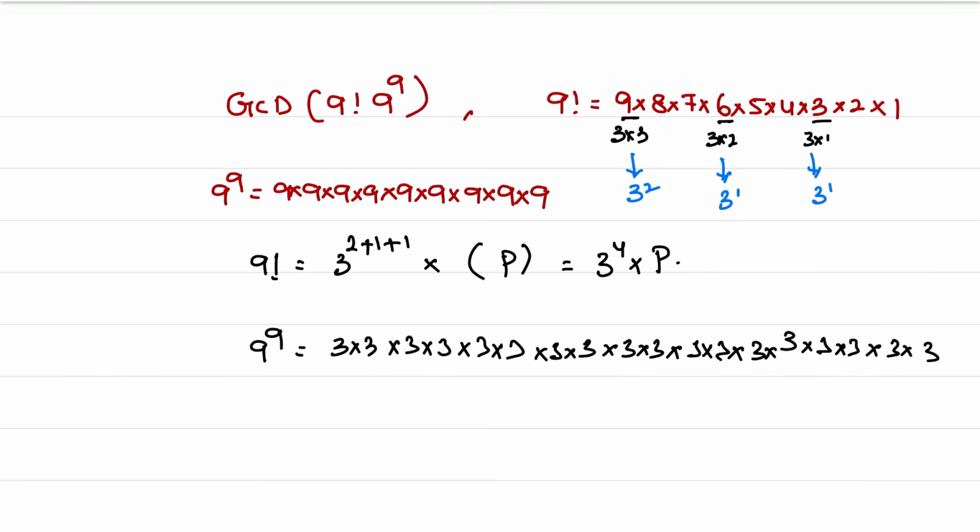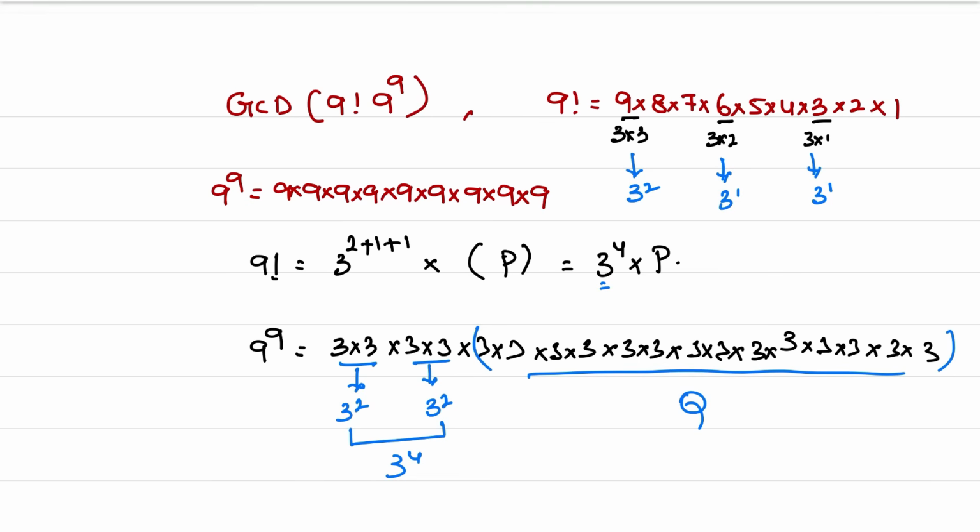Because factorial 9 has got 3 to the power of 4, and 9 to the power of 9 has got 3 square, 3 square, these two combined together 3 to the power of 4. This number, whatever it may be, let us say it is cube. We are not interested, because we are interested in finding the common divisor.